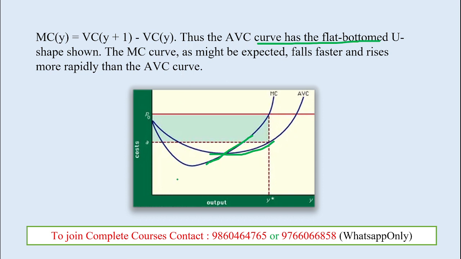The MC does not have a straight U shape, but it can again be a U-shaped curve. The MC curve falls faster and rises more rapidly than ABC, which we can derive from this point where MC equals ABC.